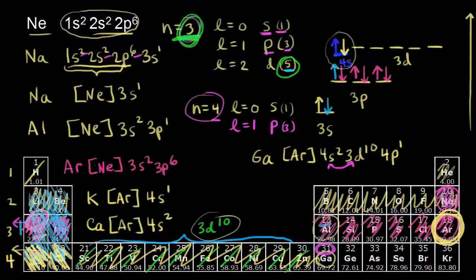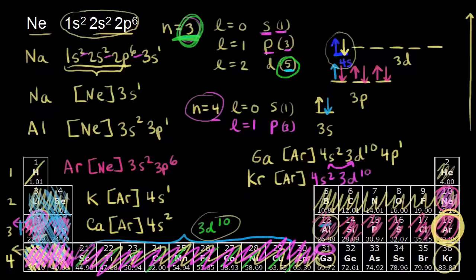All right, finally let's do krypton here. So our last electron configuration here. The preceding noble gas would be argon. Right, and let me use a color that we can see here. So argon would take us to here, and then we have 4s2, so we fill 4s2, and then we have all of our d orbitals here, so 3d10 takes us to here.